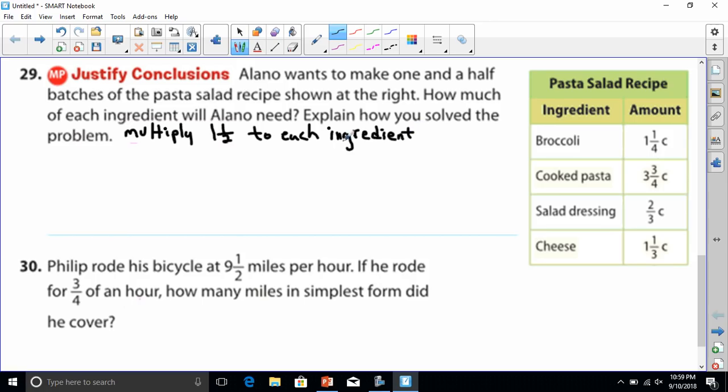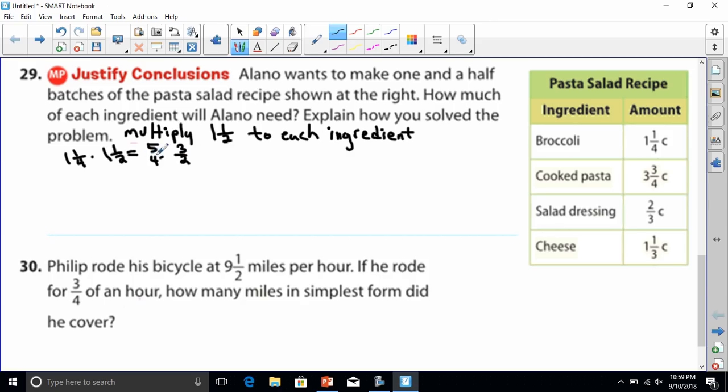All right, so let's go ahead and try that. First of all, I got broccoli, so I'm going to be multiplying 1 and 1/4 times 1 and 1/2. Now to do this, we got to turn these into improper fractions. 4 times 1 is 4. 4 plus 1 is 5. So this is going to be 5 over 4 times, this is 1 1/2, so 2 times 1 is 2, plus 1 is 3, so this is going to be 3 over 2.